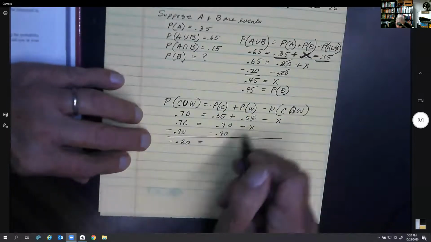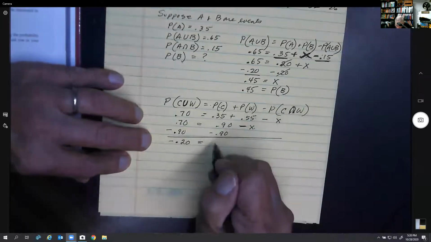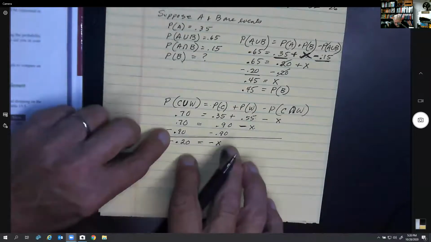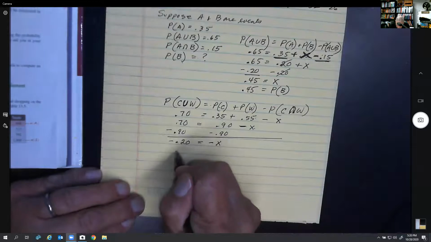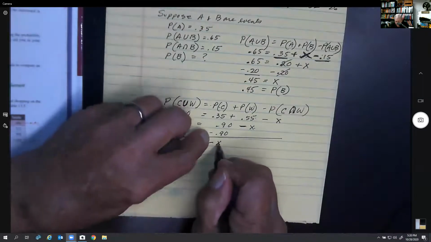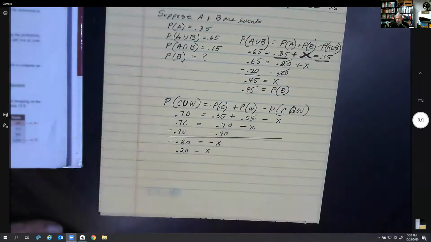And then here, this was a negative X. It had a minus inside. I can't just throw it away. But if I take the opposite of 0.20, I get 0.20, which would be the complement. And if I take the complement of negative X, I get positive X. So X is 0.20.